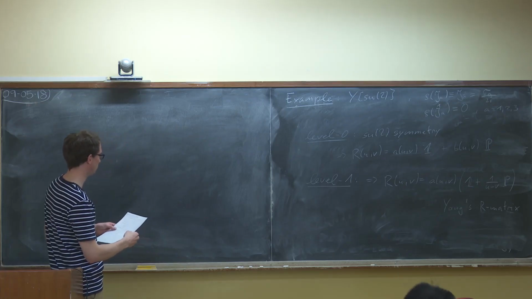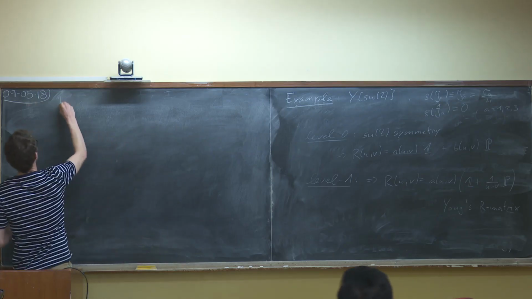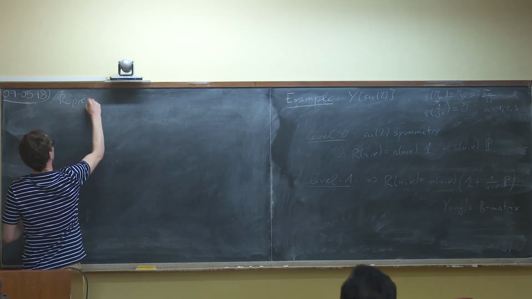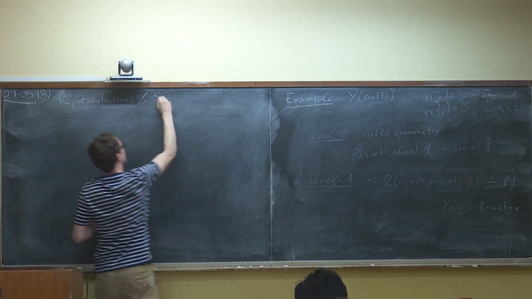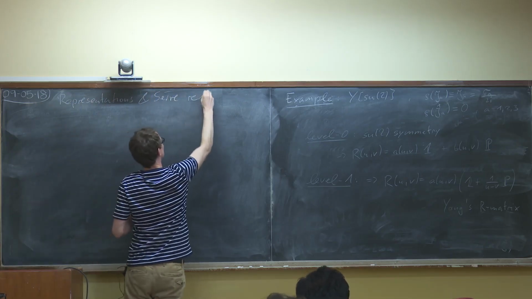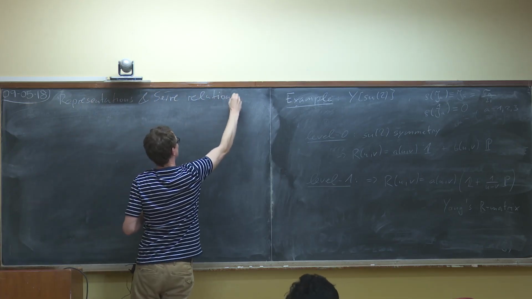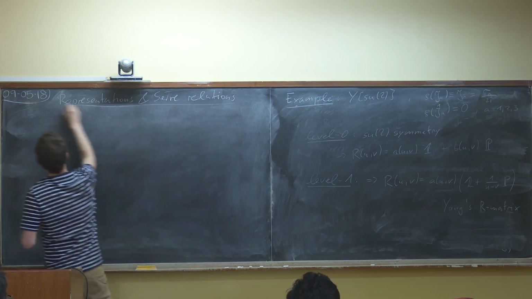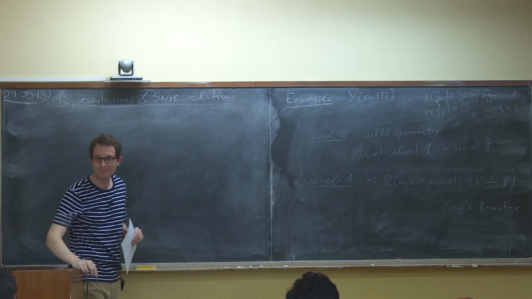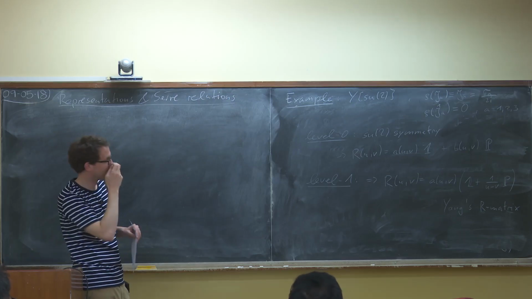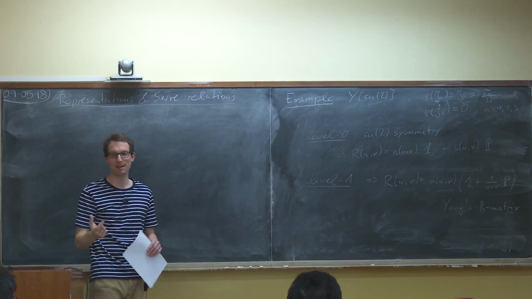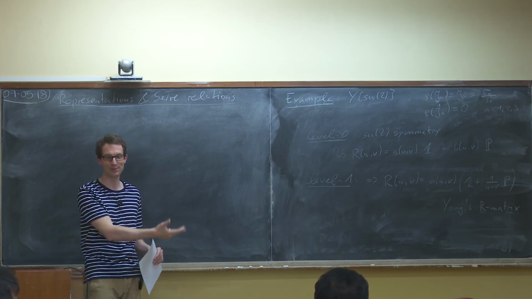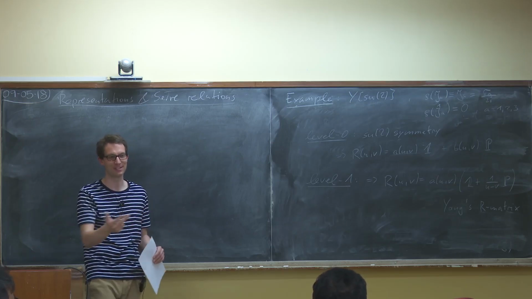Okay, let me make some comments on representations and the Serre relations. It seems more appropriate to call it a Drinfeld. Well, Drinfeld writes in his paper that in honor of Yang's first rational solution to the Yang-Baxter equation, he calls it Yangian.